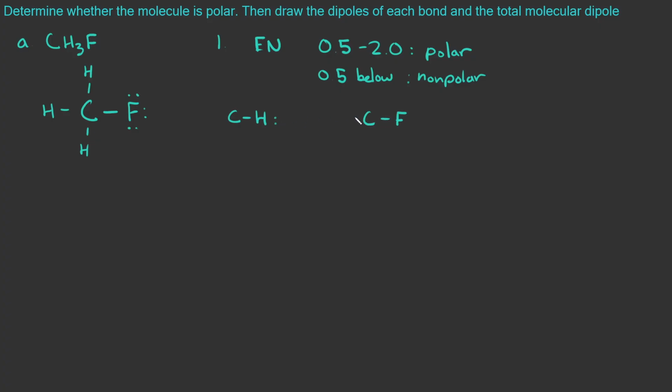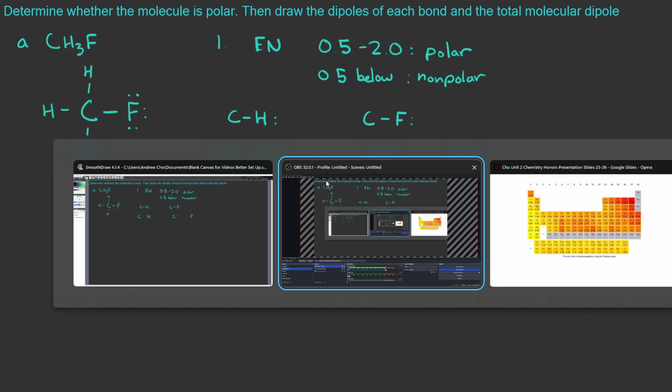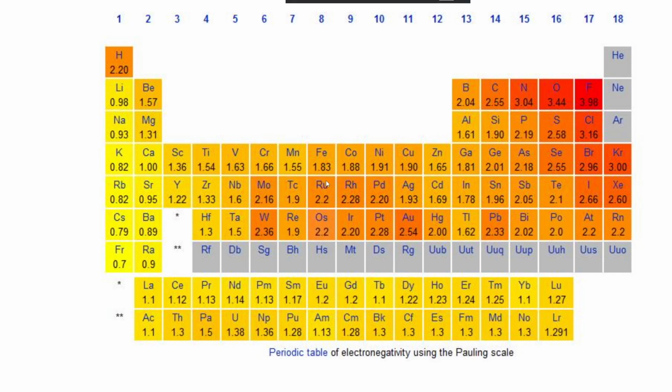We have CH bonds and CF bonds. In this case, you have to find the electronegativity difference of both of those, so the electronegativity of C and H, and C and F. So we go back to looking at the values. C is 2.55, H is 2.20, and F is 3.98.